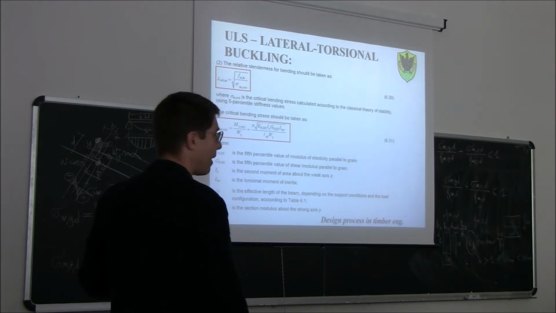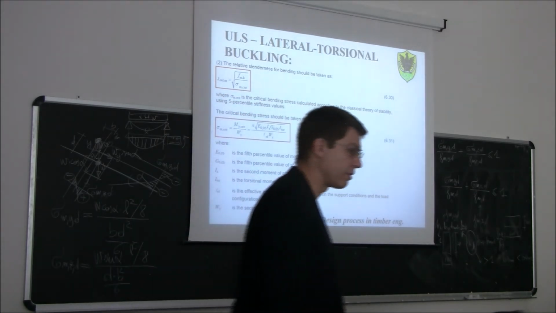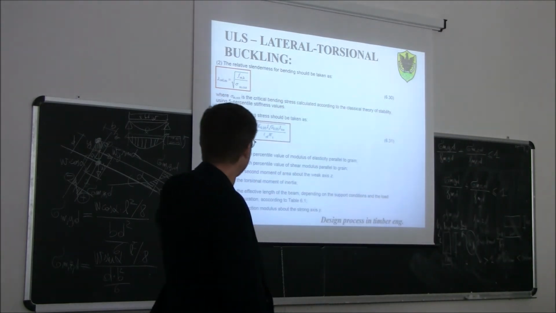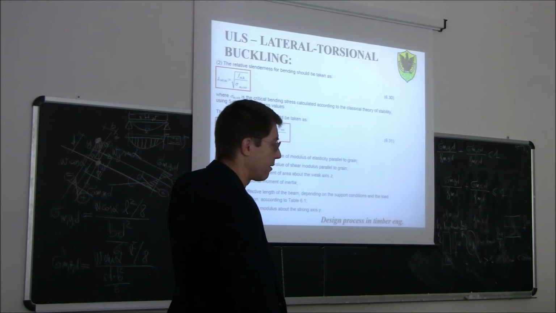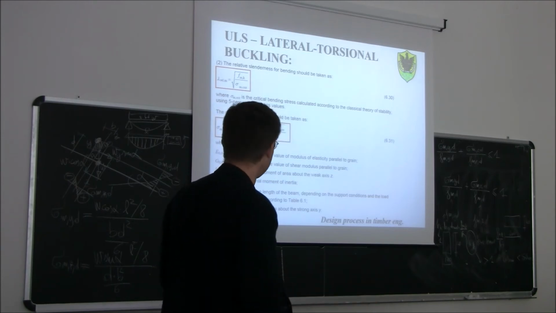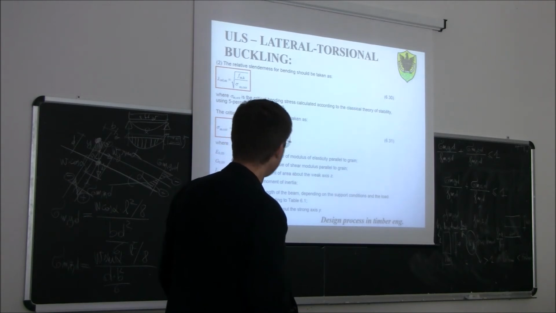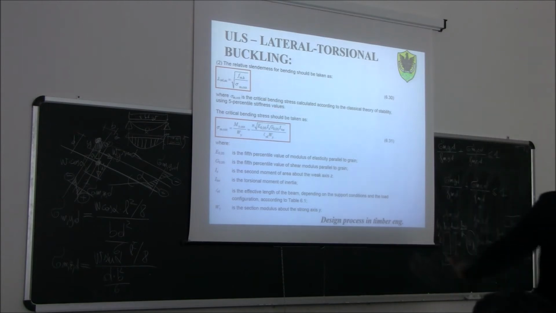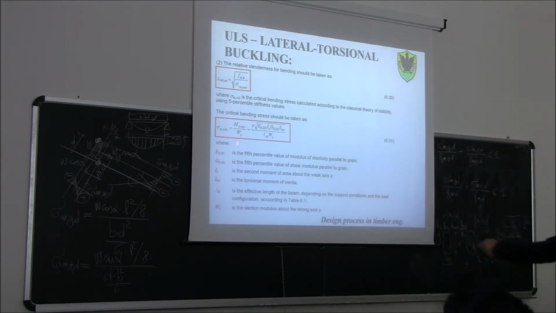In general, you will find, as a result of the theory that you will develop in the other course, that sigma_m,crit is the ratio between the critical bending moment leading your beam to lateral torsional buckling, and W_y, which is the section modulus. And this is the result: pi times the square root of the 5th percentile of Young's modulus times the second moment of area about the weak axis this time, so the weak axis, z.